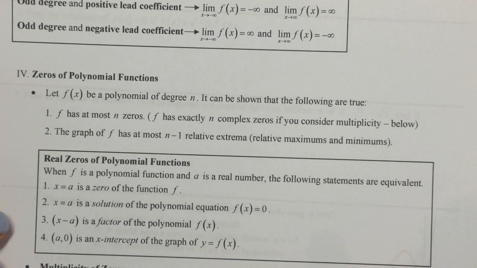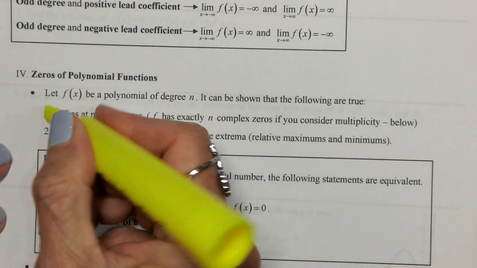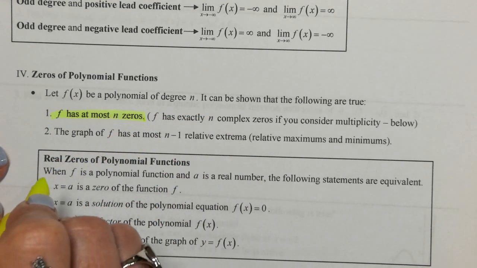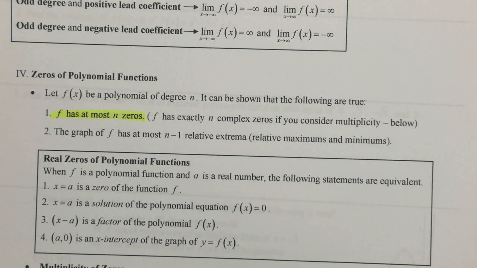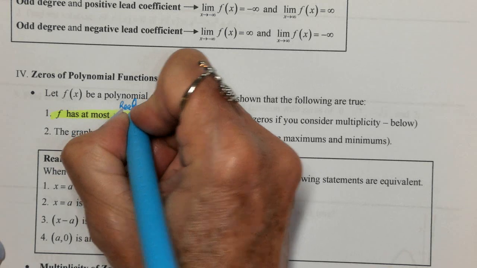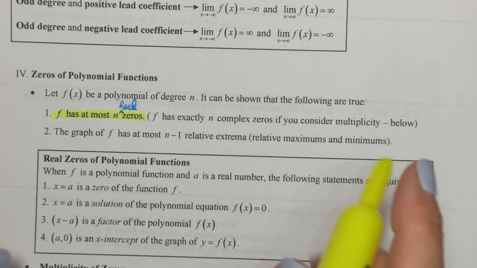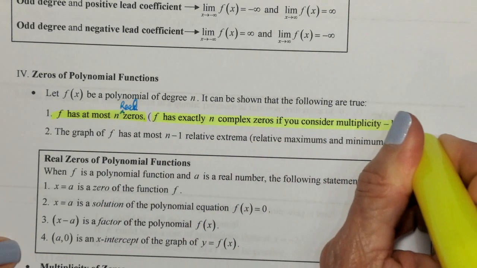If f is a degree n polynomial, then f has at most n real zeros. I need to fix that on your notes as well. Okay, has at most n real zeros. F has exactly n complex zeros if you consider multiplicity.